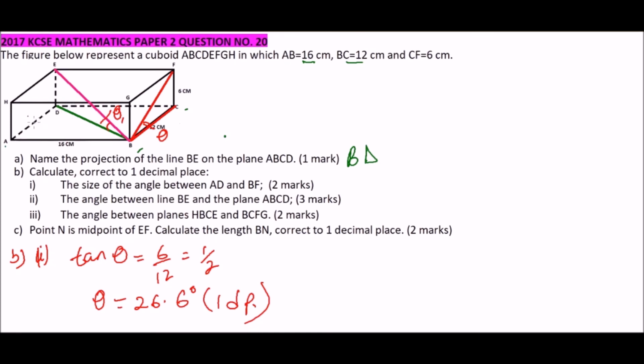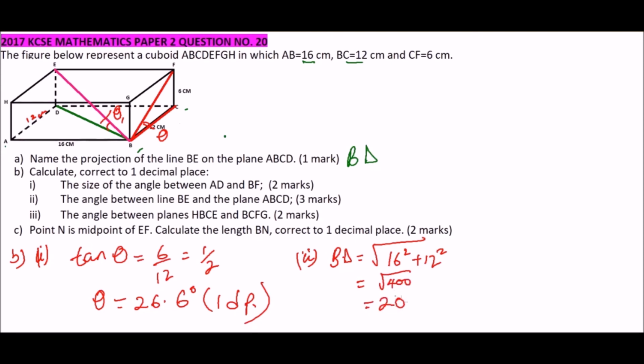Since we know this is also 12 centimeters, BD is a diagonal, so using the Pythagoras theorem, BD is the square root of 16 squared plus 12 squared, which is the square root of 400, and this is equal to 20.